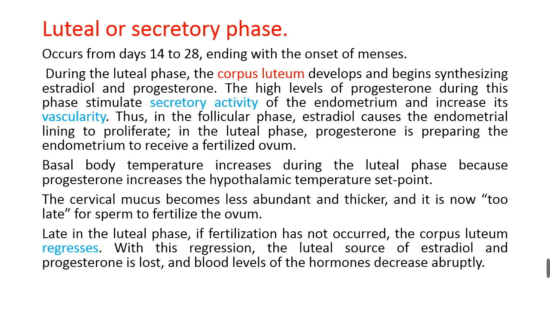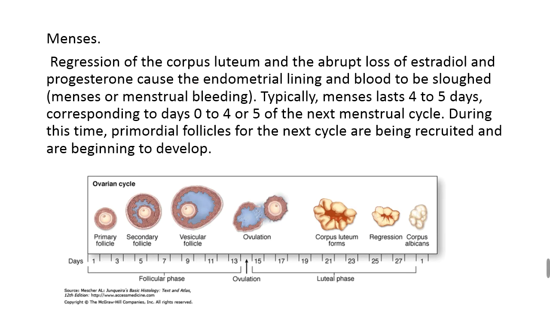Late in the luteal phase, if fertilization has not occurred, the corpus luteum regresses. With this regression, the luteal source of estradiol and progesterone is lost, and the blood levels of hormones decrease abruptly.